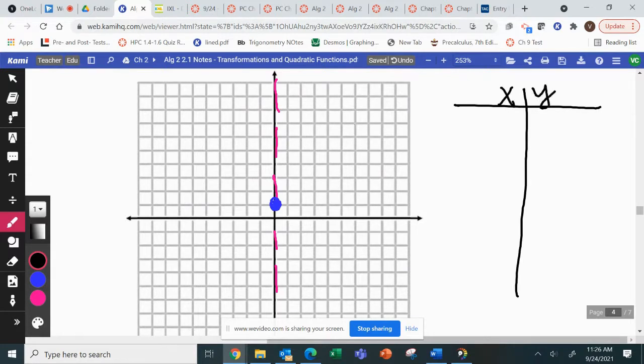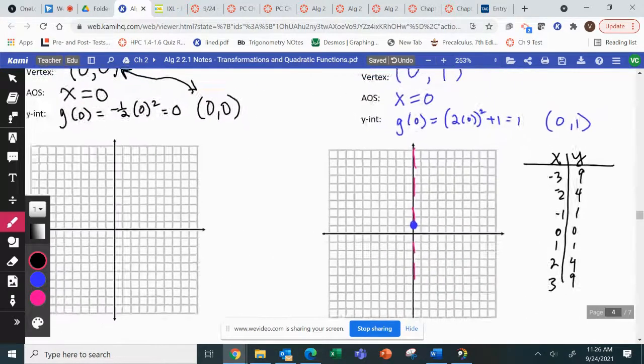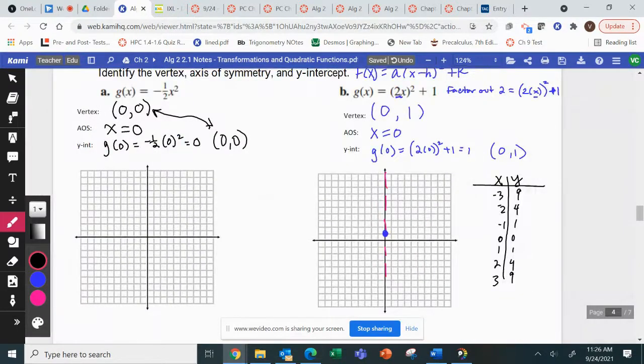X, Y. My x's are -3, -2, -1, 0, 1, 2, 3. Y's are 9, 4, 1, 0, 1, 4, 9. What do we have here? What's that 2? Horizontal shrink, what are we multiplying by? 1/2. And then the plus 1 is a translate up.